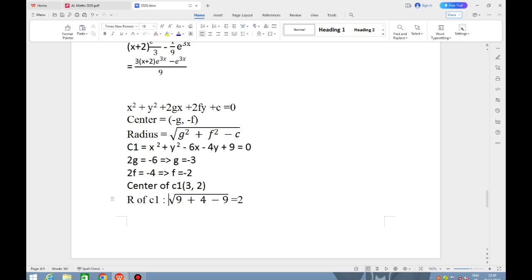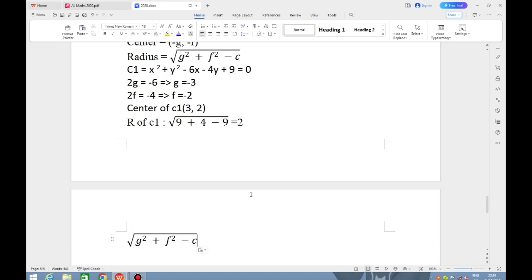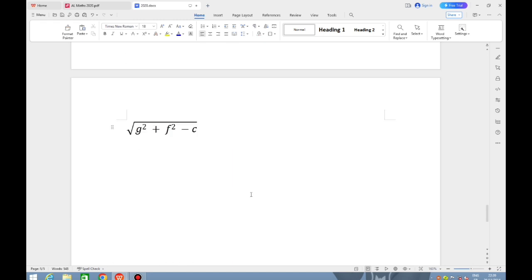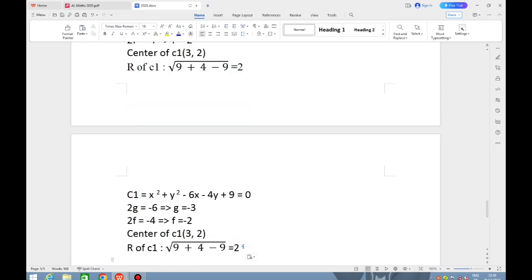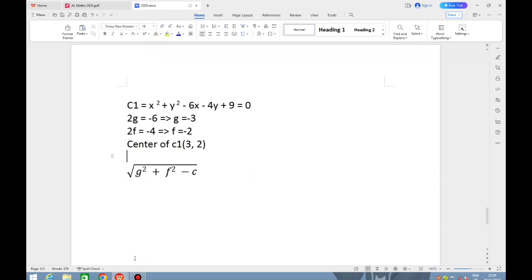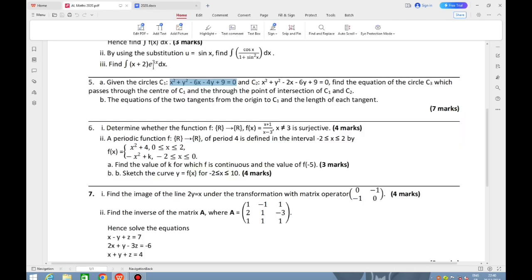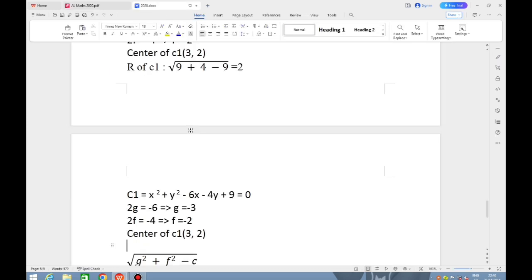Now we proceed by doing the same for circle 2. So we can just copy this for circle 2. Now for circle 2, the equation of the circle is x squared plus y squared minus 2x minus 6y plus 9.